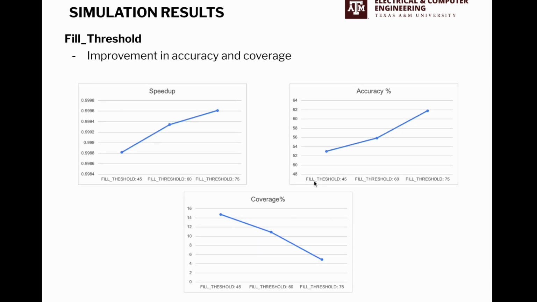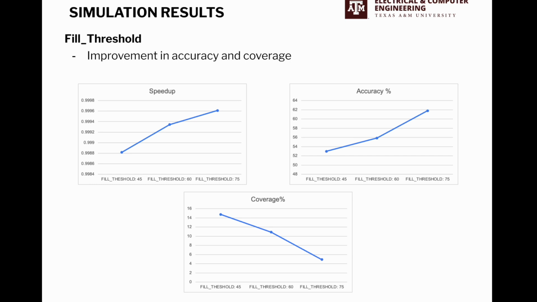Next, accuracy and coverage are varying with increasing fill threshold values. There isn't a significant change, or we can say the change in speedup is almost negligible. We observe accuracy is increasing. Increasing the fill threshold reduces cache pollution by prefetching only highly confident candidates, potentially improving hit rates for genuinely useful data and overall cache cleanliness. Similarly, we can observe a greater coverage for the L2 cache SPP with a lower fill threshold value.